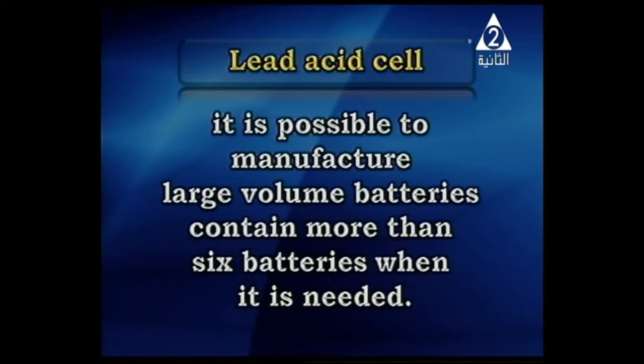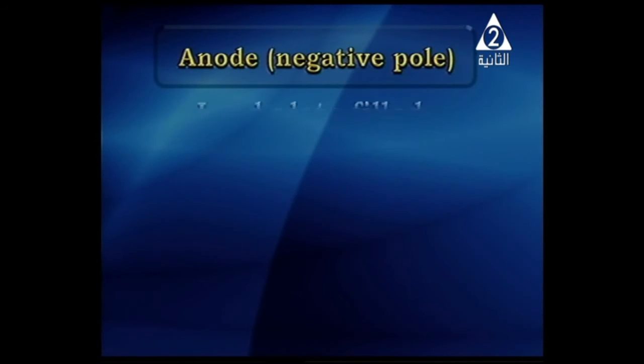I put 12 cells, for example, or 36 cells, to increase this battery, and I dip all of them completely inside the concentrated H2SO4. So it is possible to manufacture batteries containing more than 6 cells when needed.